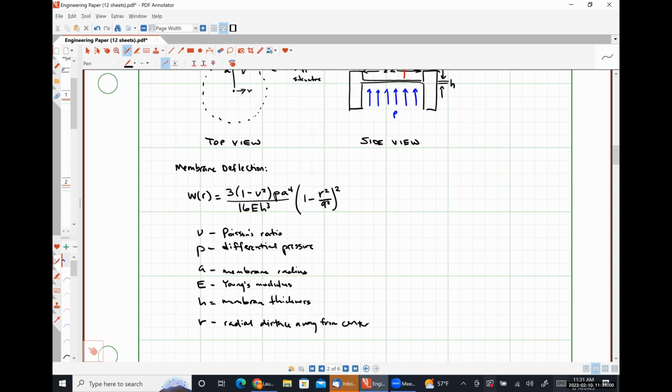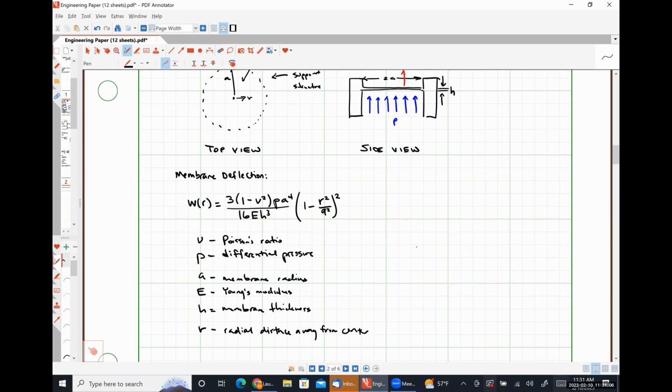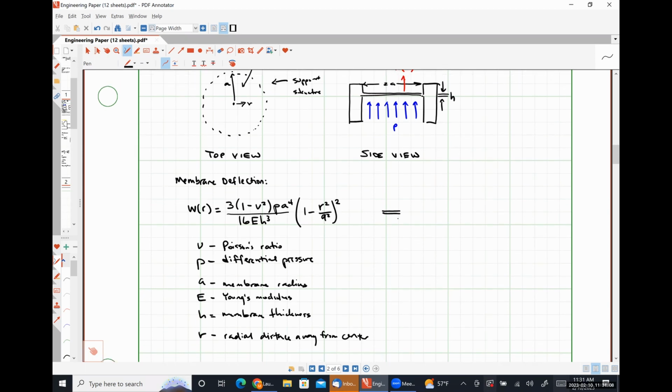So common sense tells us, and the math bears this out as well, that the maximum deflection will occur where? At the center, right?